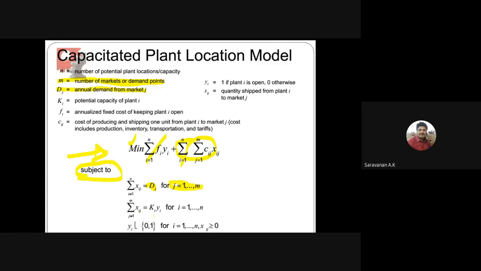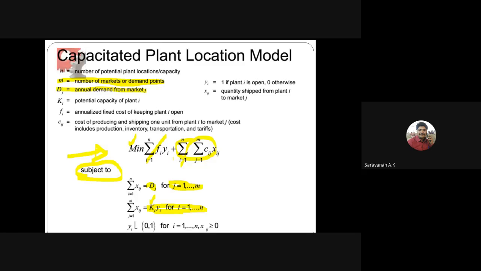That is constraint 2. The potential capacity for the plant, with Yi, the number of plants per capacity, will not exceed the maximum value.